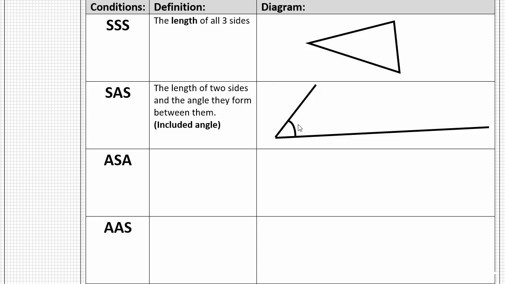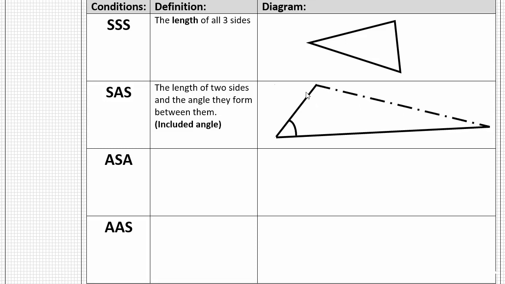So if we think about this carefully, if we know these exact measurements, there's only one way to connect those lines to form a triangle. It would have to be a very specific measurement because that gap can only be so wide between these 2 set lengths at a particular angle.